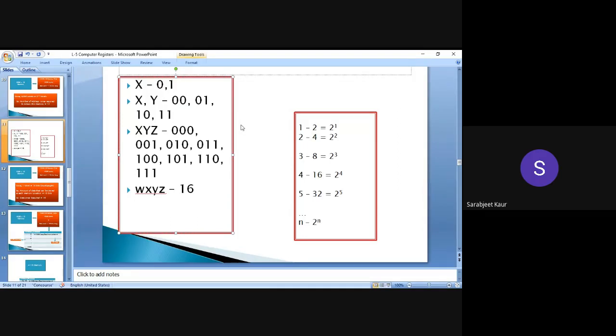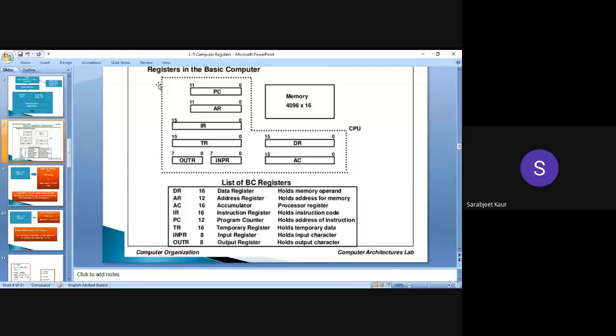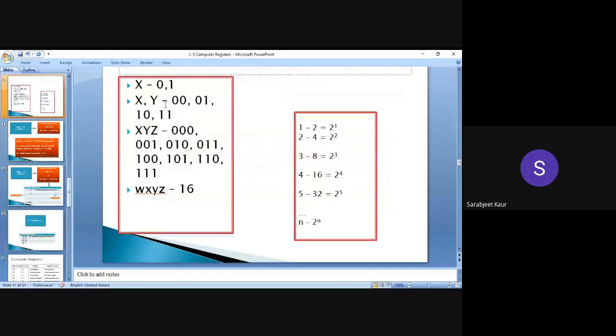Suppose we had a memory which only had 2 locations, instead of the 4096 words that you see here. Then how many address bits would I have required? Only 1 bit. It could either be a 0 or a 1, and we could access both the memory locations. Any problem? No, ma'am.